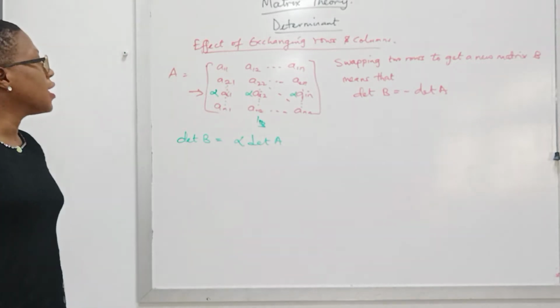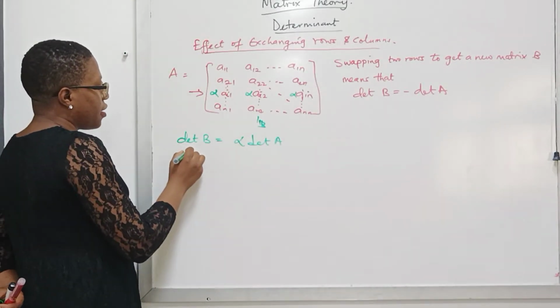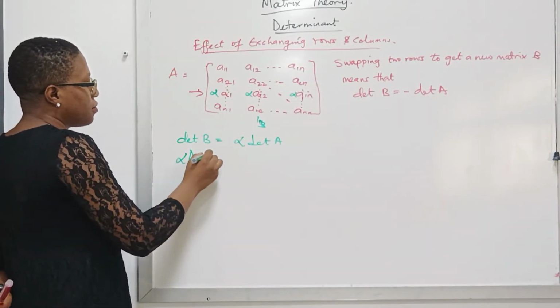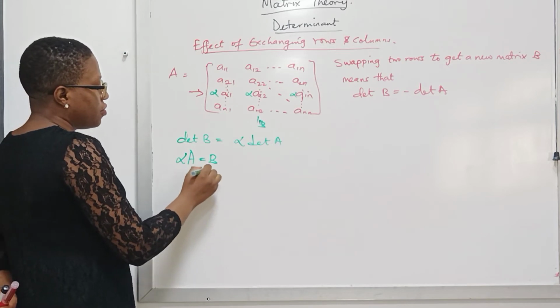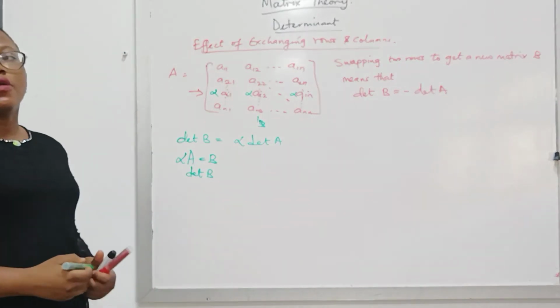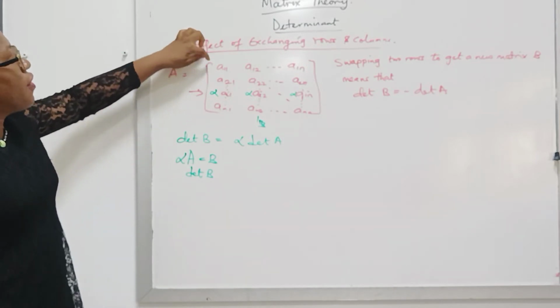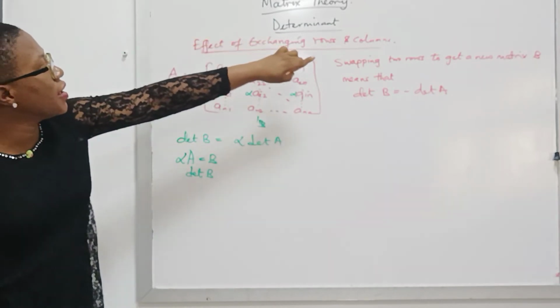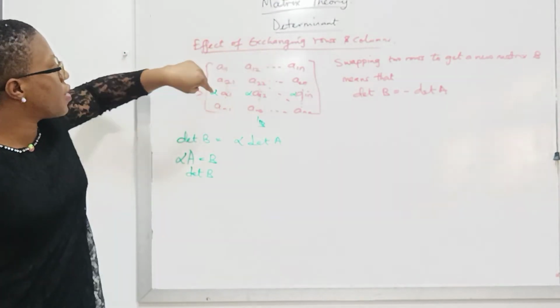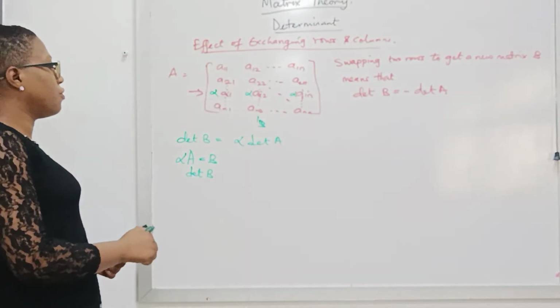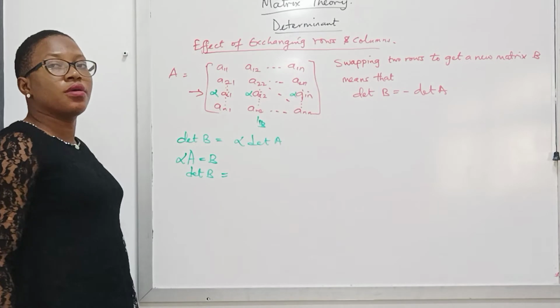So what do you think if I multiply the whole matrix A by alpha to get B? What will the determinant of B be? If you multiply A by alpha, then you have alpha multiplying this row, alpha multiplying this row, alpha multiplying this row. So what do you think your determinant of B will be?